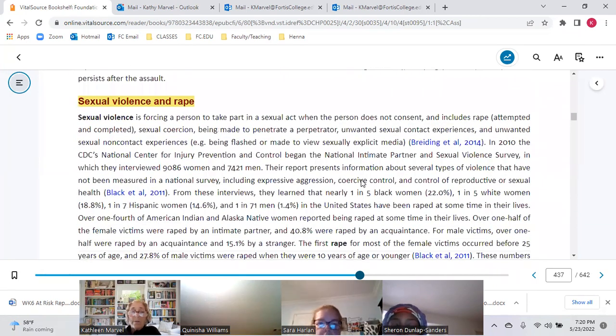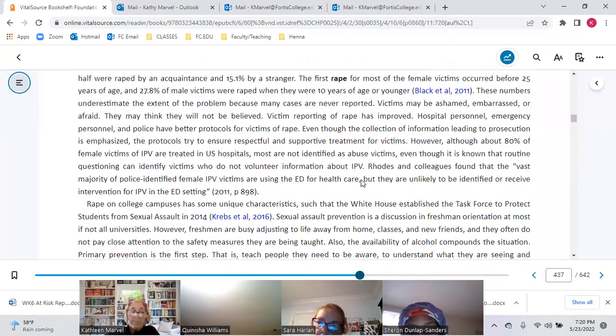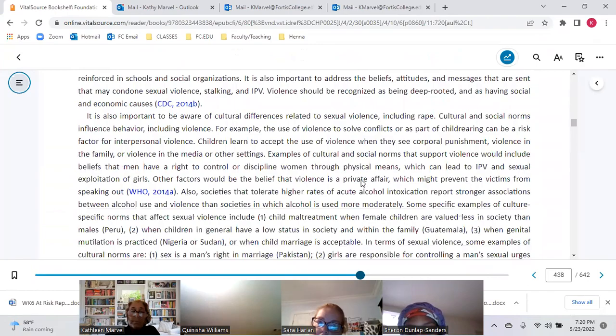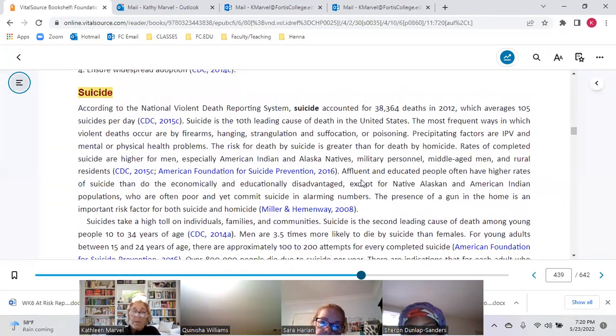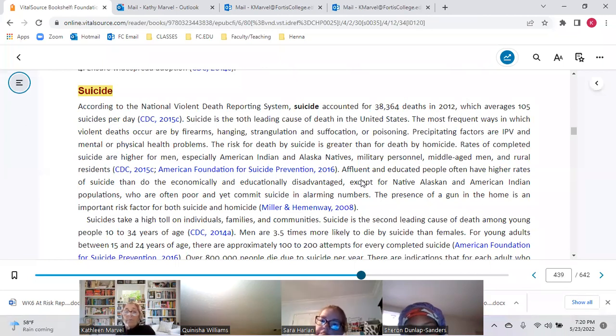And then sexual violence and rape. And then the last area of violence would be hurt. Instead of hurting another, you hurt yourself, which is suicide.